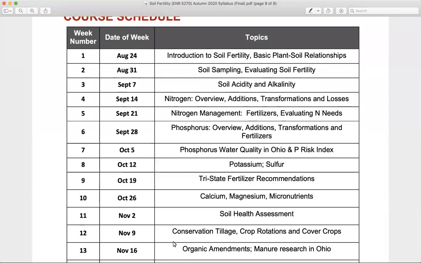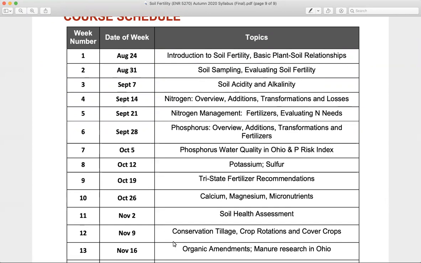One of the things that is going to be different, and I'll mention it right now because I think it's very important, is the second week. Normally I would talk about taking soil samples, evaluating soil fertility somewhere about 2/3 into the semester. Well, this year I'm shaking things up a little bit, hopefully for the better.